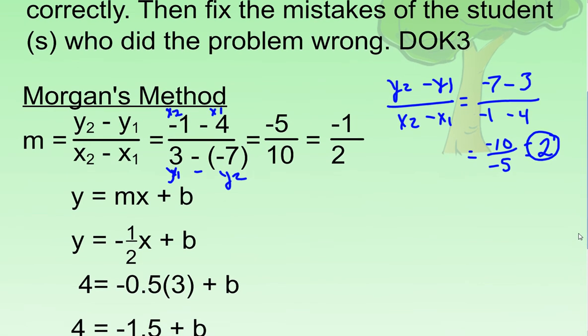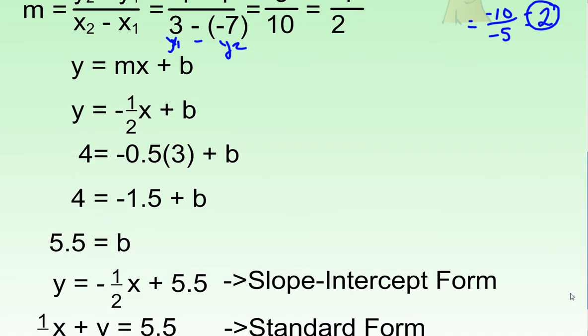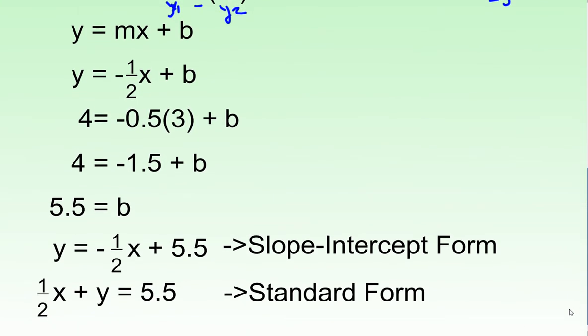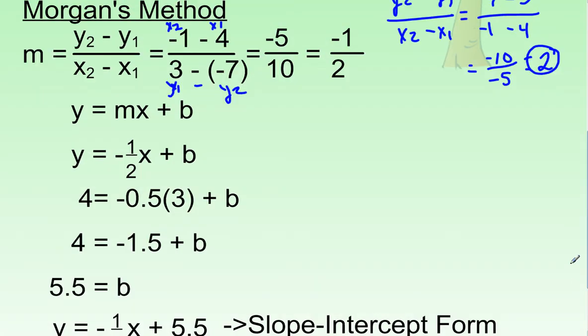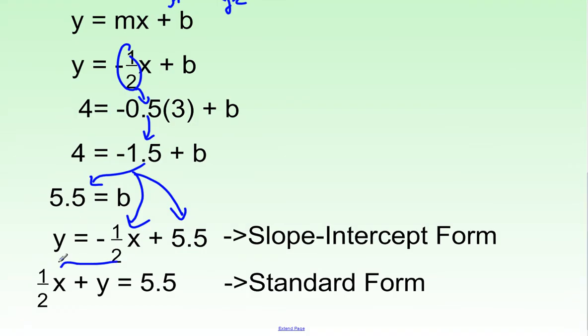And actually, I'm just taking a quick look through the rest of her work. Yeah, the rest of her work would have been correct if she had the right slope. But Morgan found the wrong slope, and that made the whole rest of her problem wrong, because now the slope's wrong here, and it's wrong there, and that makes this number wrong, which makes this number wrong, and now both this and that are wrong, which makes this number over here wrong, and that number wrong.